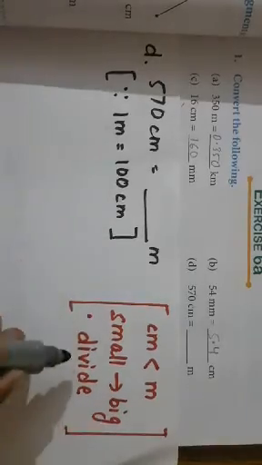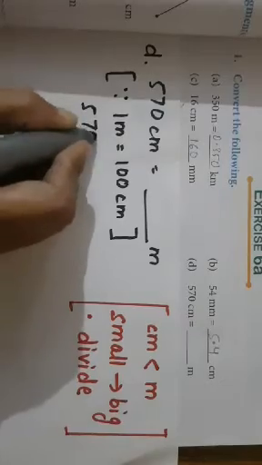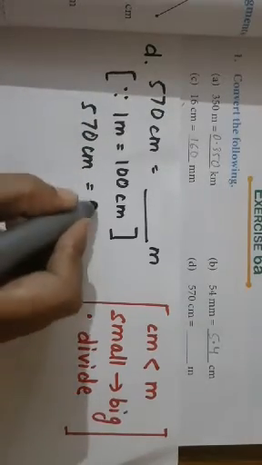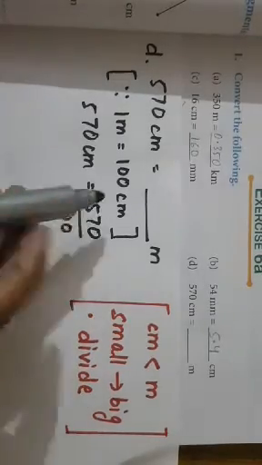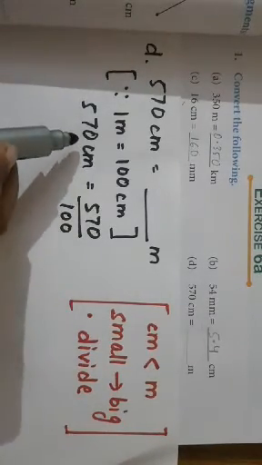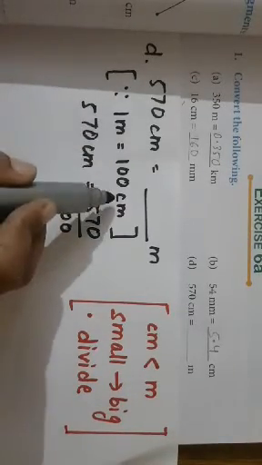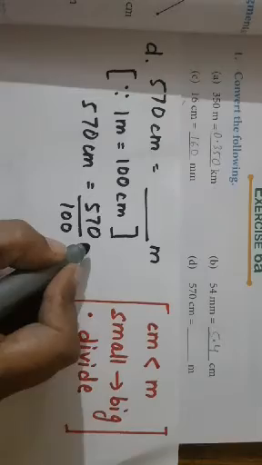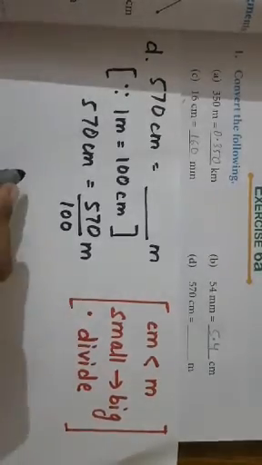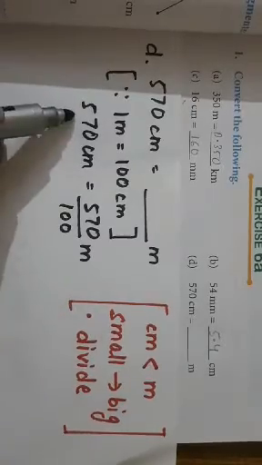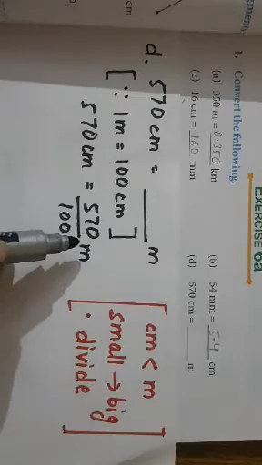So 570 centimeter is equals to 570 upon 100 meter. We are dividing 570 by 100 because it is the relation between meter and centimeter, the relation of 100.